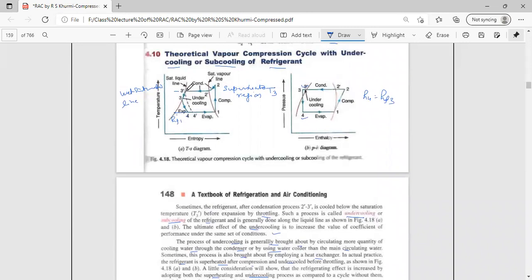And hf3 dash, which is at the point 3 dash here, is the enthalpy of the liquid refrigerant at the high temperature area or condenser area.